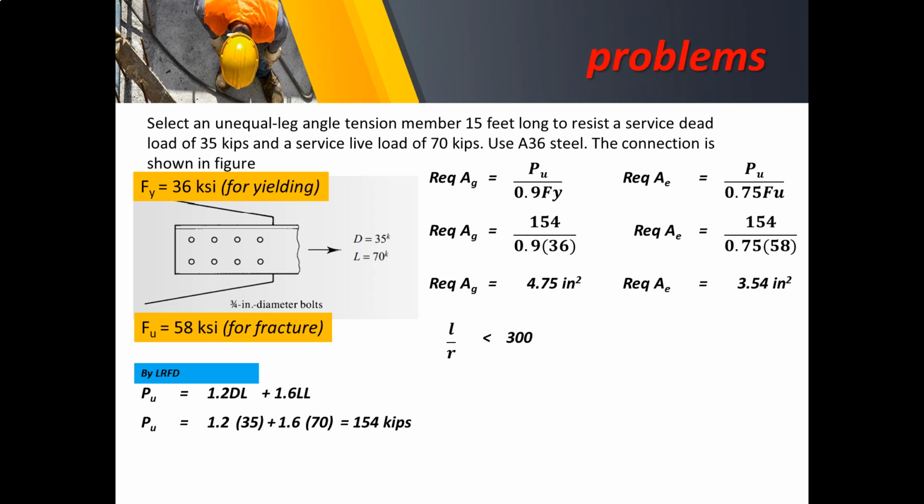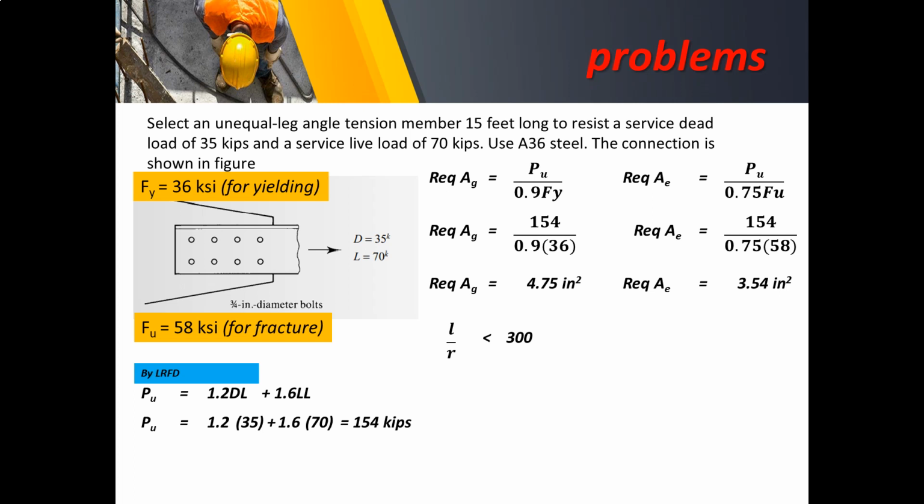In the previous example a while ago, we were just dealing with the plate, so the calculation is straightforward. Unlike here on the angle, we need to first determine the minimum radius of gyration. When we say minimum, the radius of gyration of the selected member should be greater than the derived radius of gyration.